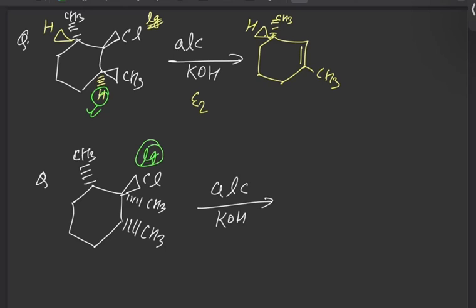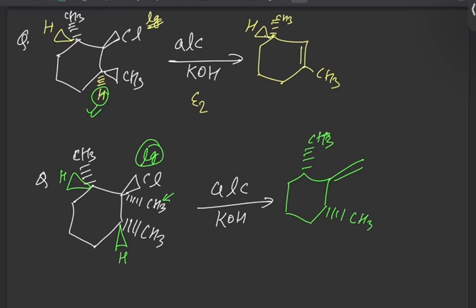You can't do this. There is a possibility of one hydrogen here and one hydrogen here, but both hydrogens here are on the same side as chlorine. But if you see this hydrogen, then this is on the anti position. Then the product can be formed, but from here, this CH3 will remain the same, and this CH3 will remain the same. Did you understand?